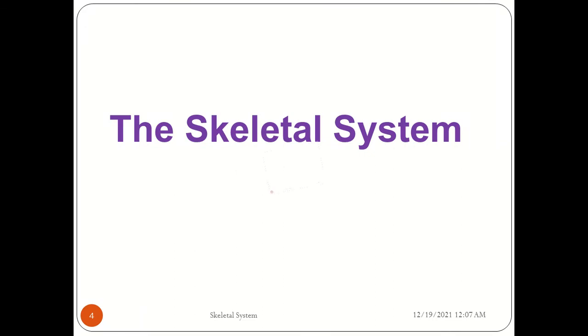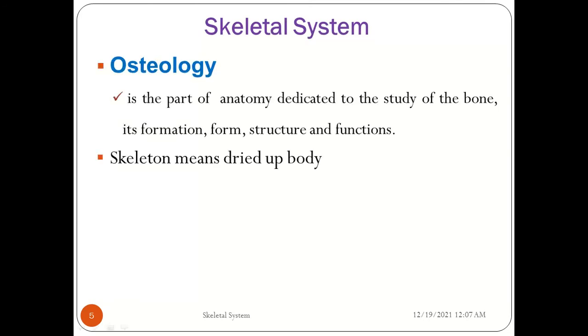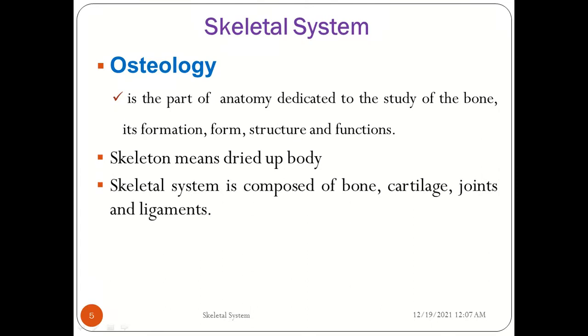Skeletal system is a part of anatomy dedicated to the study of the bone formation, form, structure, function, is called osteology. Skeletal system means structure of the body. Skeletal system is composed of bone, cartilage, joints and ligaments.